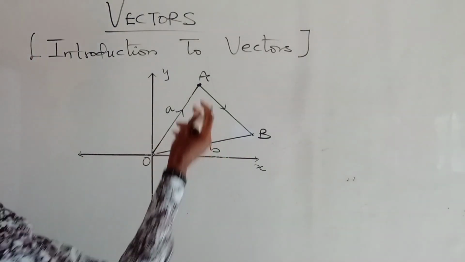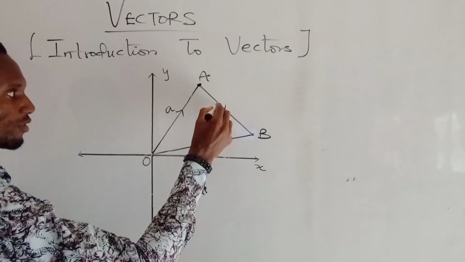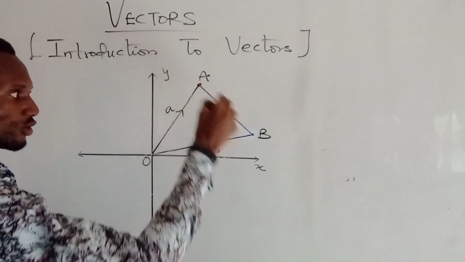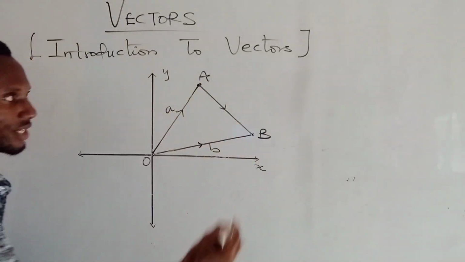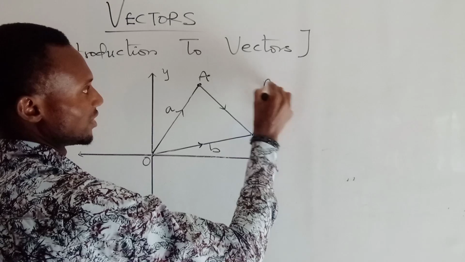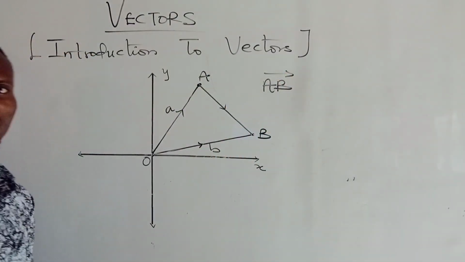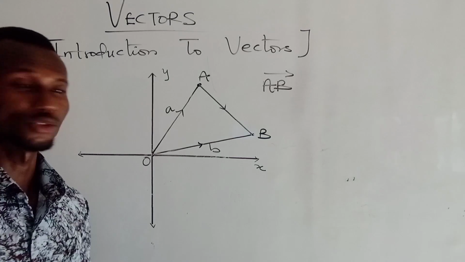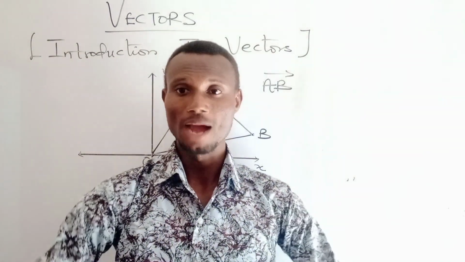And also I have AB. You can see that the arrow is moving from A to B, meaning that you are moving from A to B. So we can have AB as a vector. So that's the illustration. I hope the explanation is clear enough up to this point.